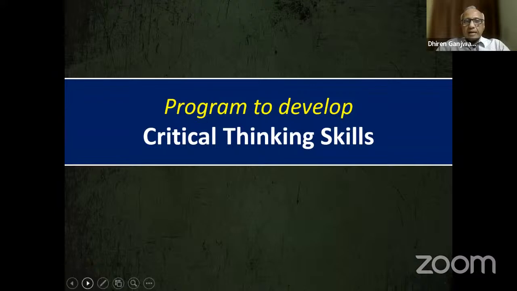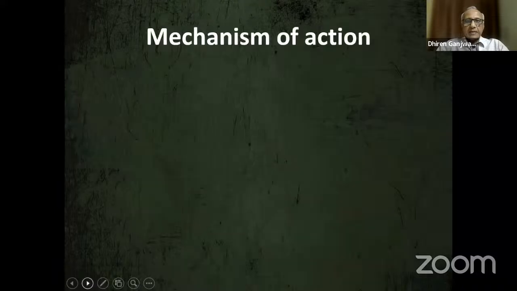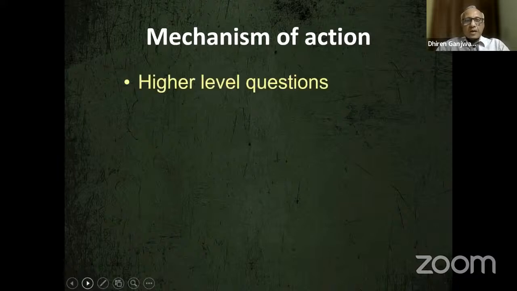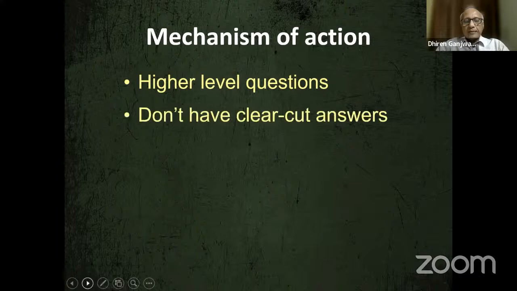So we are starting a new program, and that program is to develop the critical thinking skills. How are we going to achieve this aim? Let me tell you about the mechanism of action. We are going to put forward higher level questions to our fellows, and they are going to prepare their answers. And these questions don't have a clear-cut answer.